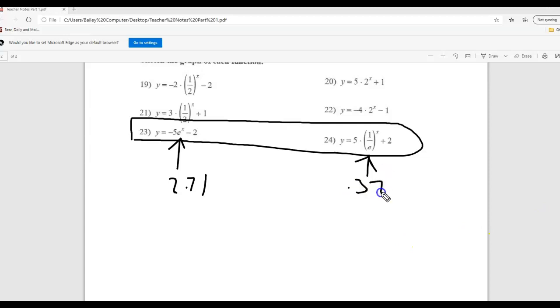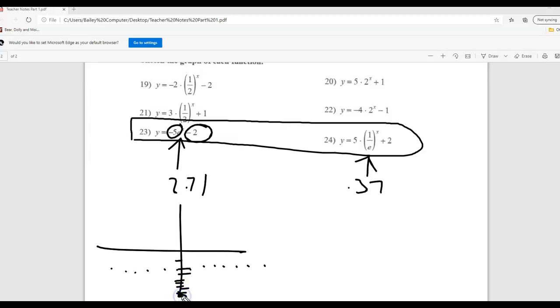Now, that's pretty much all you need to know to be able to do the problem, because the rest of the steps are the same. So I'll do 23 here. For 23, my horizontal asymptote is -2. So my y-intercept is -5 plus -2, which is -7.